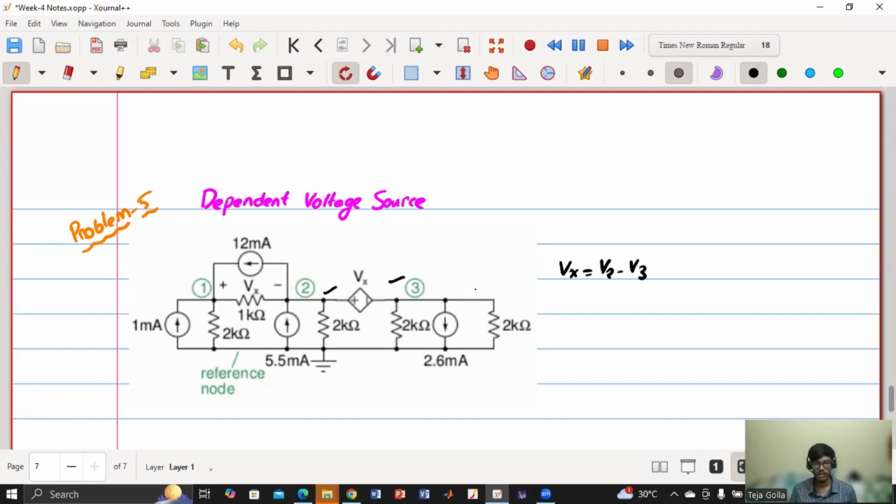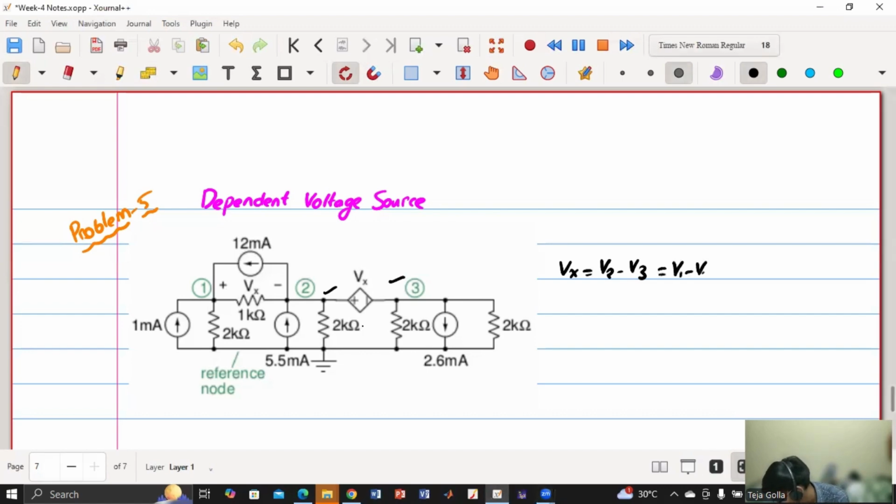Or do you have any query? Is it clear? Vx is equal to V2 minus V3. Are you there? Yes, sir. And what is Vx in terms of V1 and V2? It's V1 minus V2.